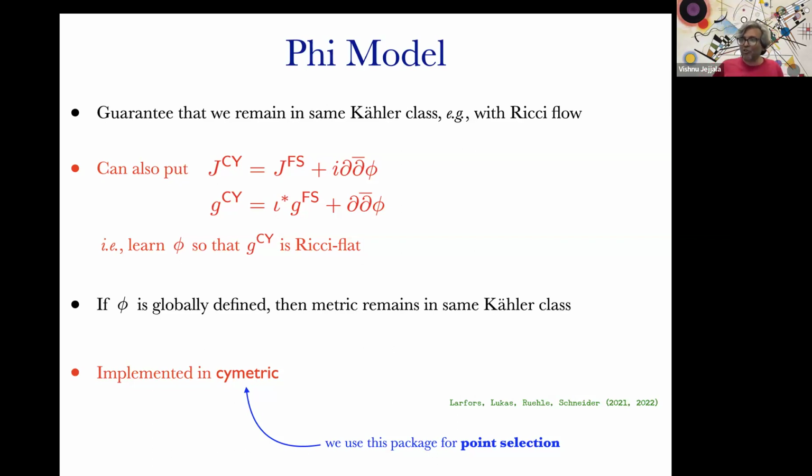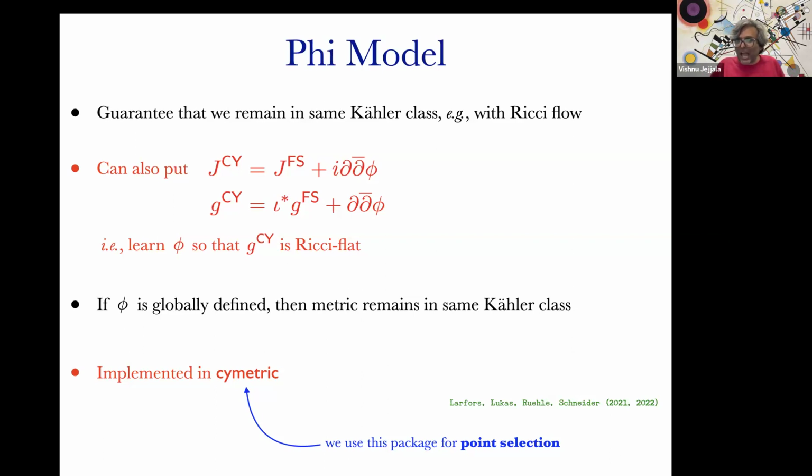This procedure for getting to a flat metric also preserves the Kähler class, so it's convenient for finding flat metrics in the cases where there are multiple possibilities for the Kähler class of the manifold. So this is a very good package, and I recommend that you play with this because it's fairly straightforward to install and to use.